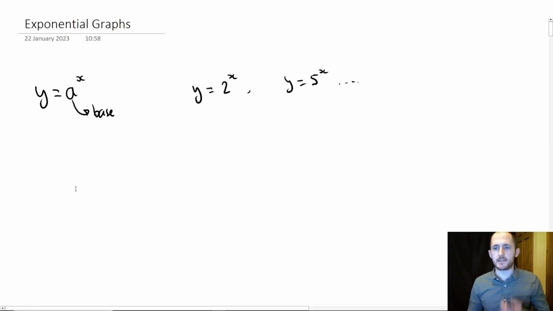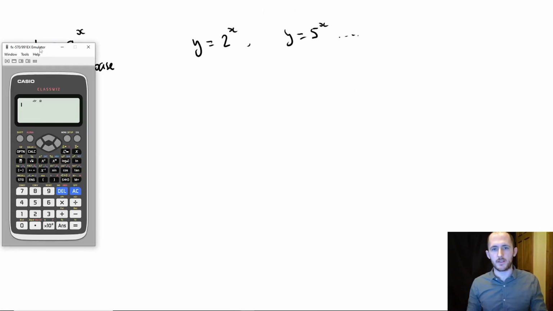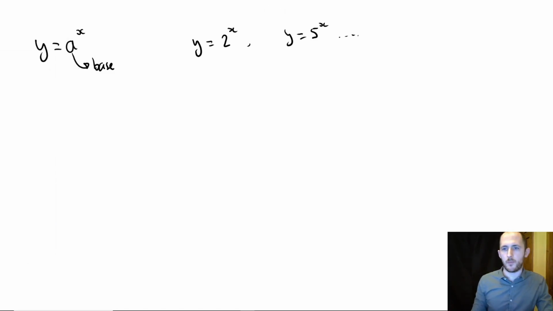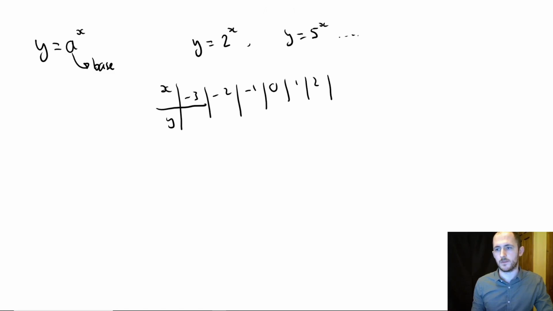So what would these look like? Well, you may be asked to plot these in an actual plotting table, which, in my opinion, isn't the tricky part of these questions. Again, we'll go on to the actual exam questions in a second. But they could ask you to do a little plotting table, so they might have x and y, then -3, -2, -1, 0, 1, 2, and 3.